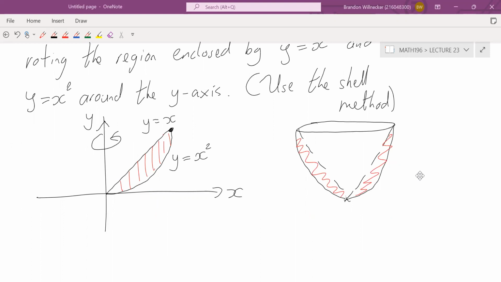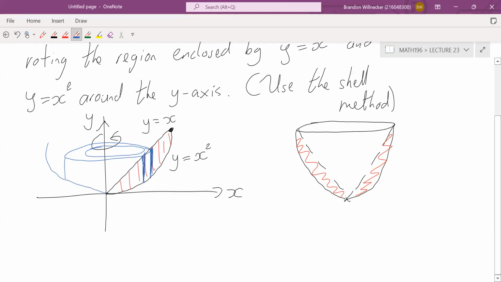So given some x point, we need to find the radius of the cylinder, the height, and the thickness. So let's just draw a little rough sketch of what we're trying to do. So we've got some part of the cylindrical shell there. This bit is obviously going to be rotated around to give us the full cylinder. Sorry, like that.